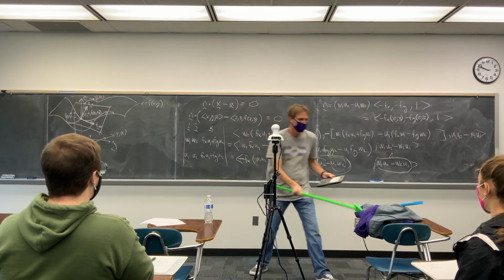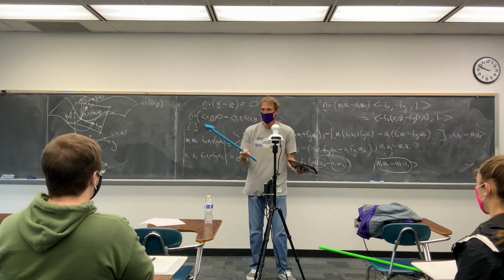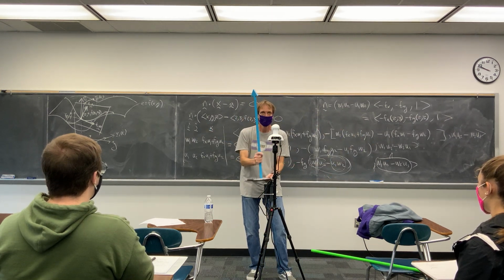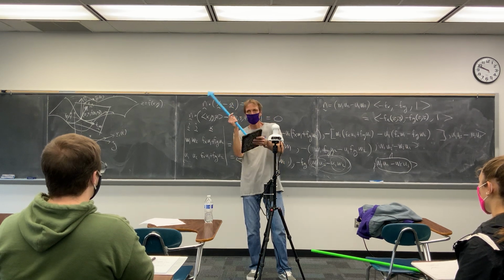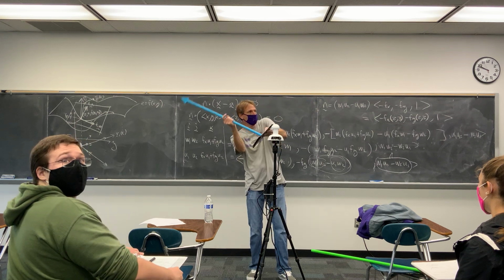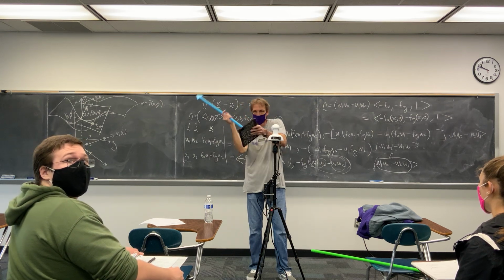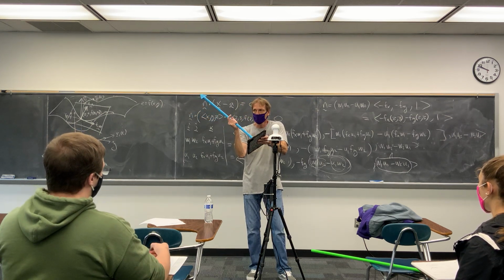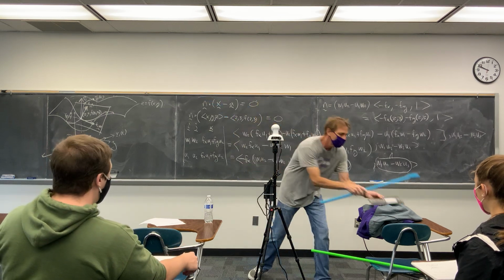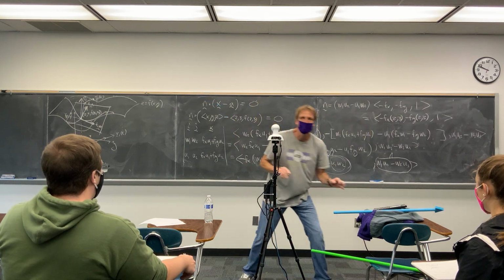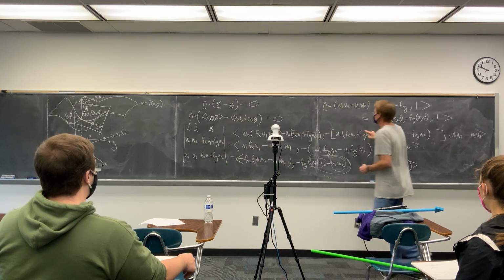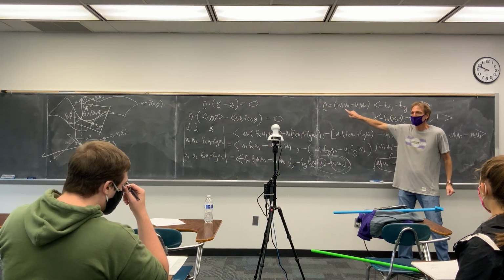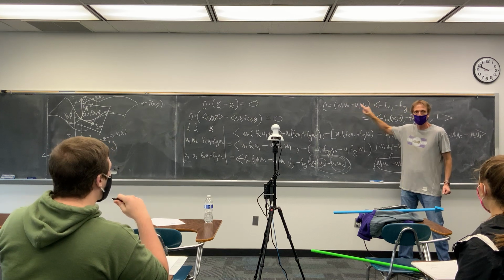Do you see how my normal vector really describes how this thing's oriented in three-dimensional space? The orientation of the plane doesn't depend on W1, W2, or U1 or U2.